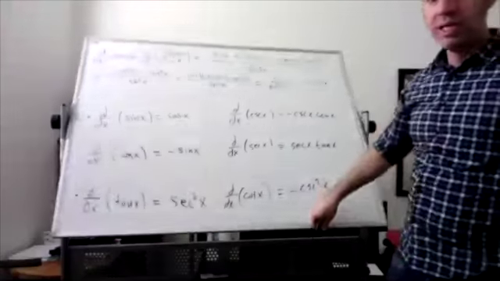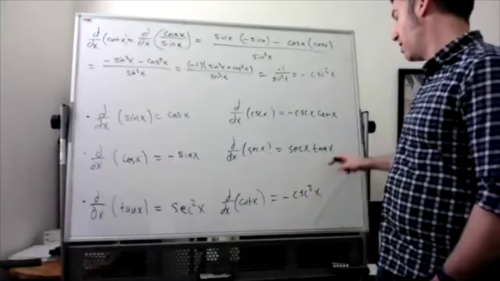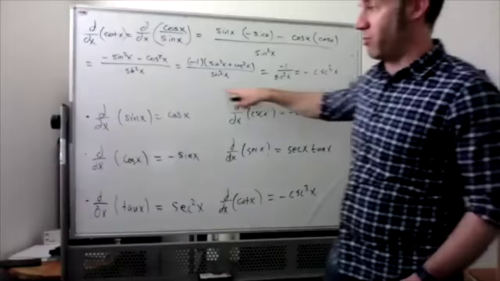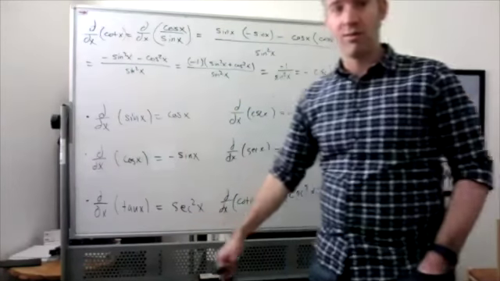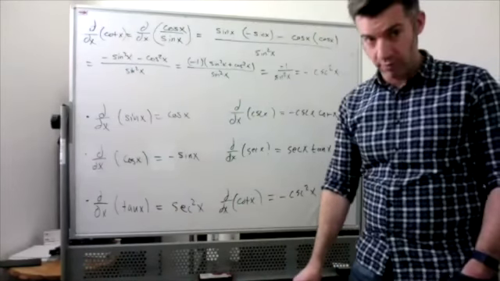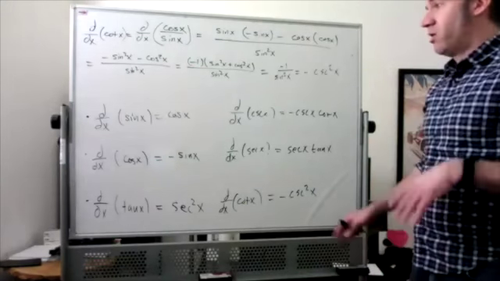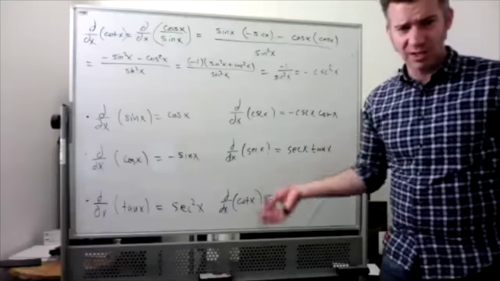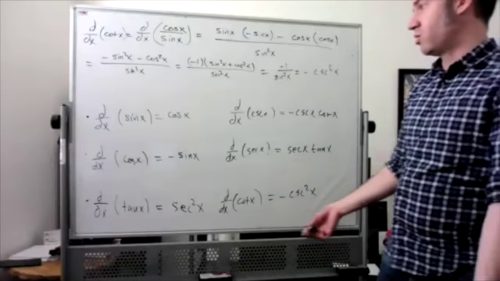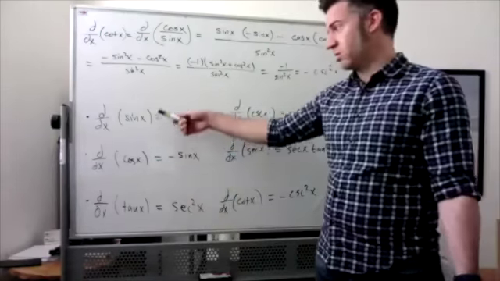I would really recommend everybody take the time to memorize these 6 derivatives. They will definitely not be going away ever. We need to know them. And also, I would really recommend memorizing them in this order, meaning you want to do sine, cosine, tangent.